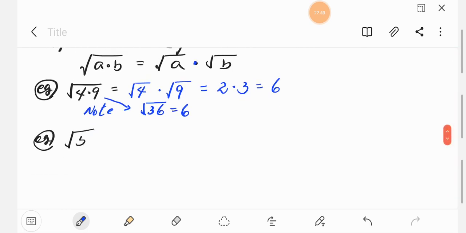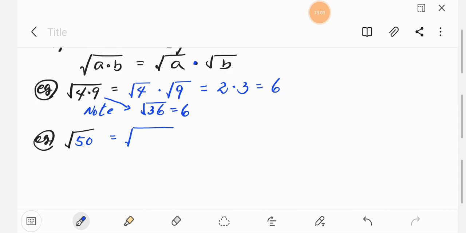Okay, how about this? What if we have a 50? Let me erase this one. So what is the square root of 50? We know that 50 is not a perfect square. So let's separate it so that 50 can be written as a product of factors.